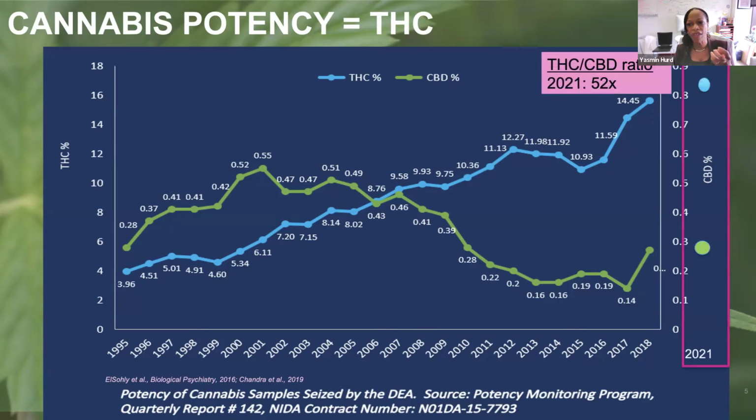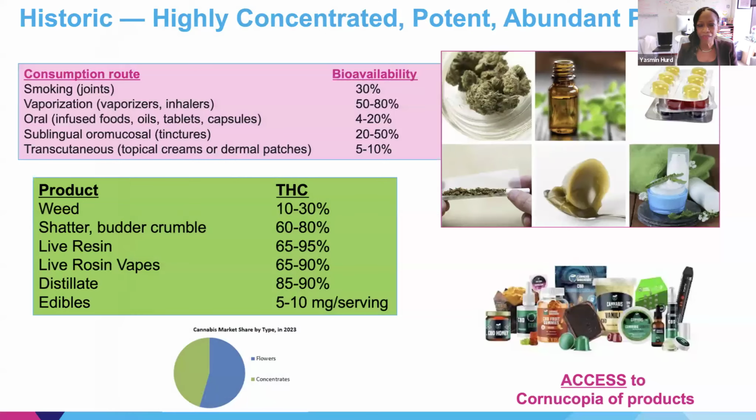So much so that the ratio of THC to CBD in plants today can be even a 50-fold difference compared to the original plant. That is also important to consider for the health impact, as these plants being used today are so different from the original plant.